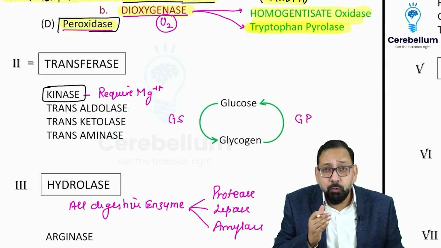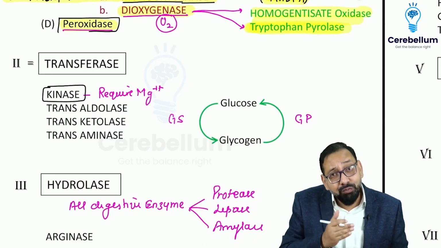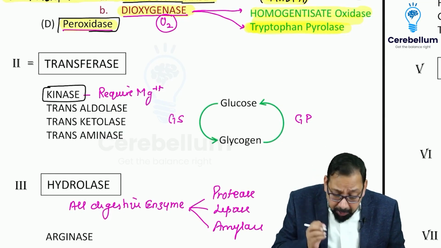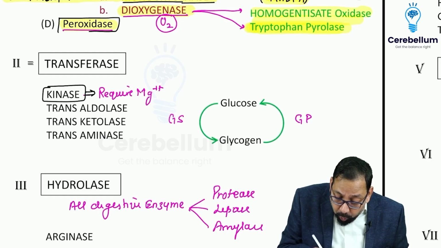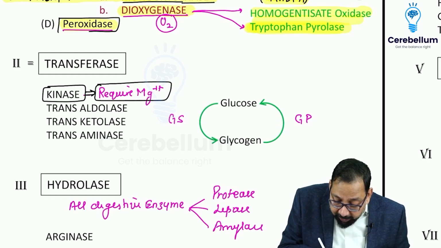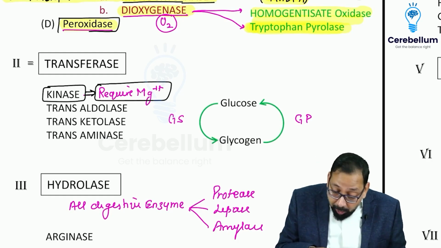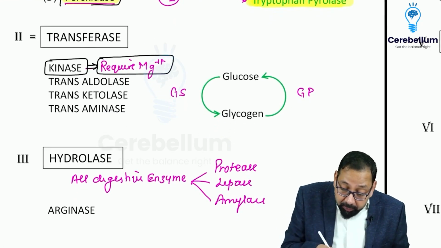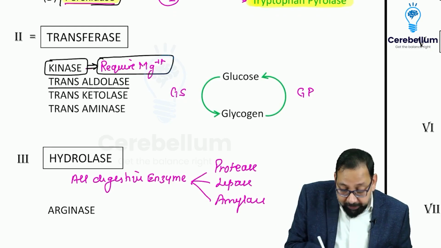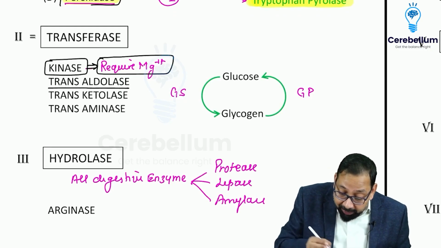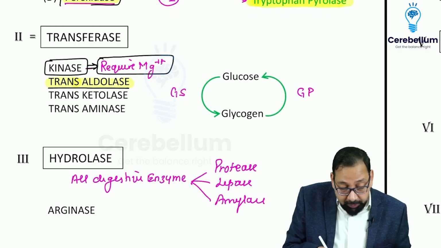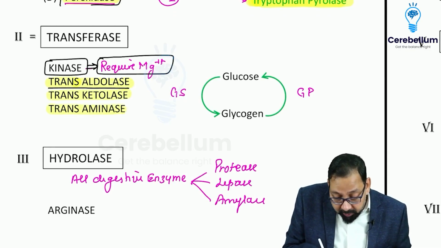All kinases are transferase. Hexokinase is transferase. Glucokinase is transferase. Phosphatokinase is transferase. And one question is also asked: all kinases require magnesium as cofactor. Other examples of transferase are transaldolase, transketolase, transaminase, where the name itself has the word trans.